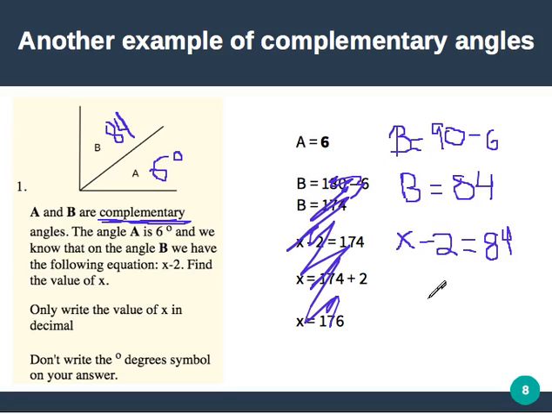It's supposed to have the x by itself. So what do I do to cancel it? I got to add 2 here, and then I got to add 2 over here to cancel this 2. Of course, you know algebra, guys. And then 84 plus 2 is going to be 86. And that would be the answer, the 86, just right there.